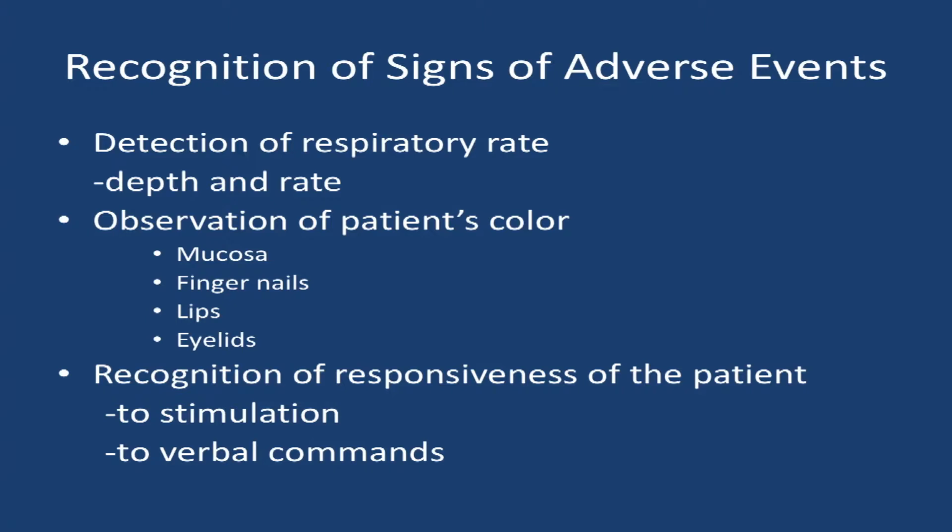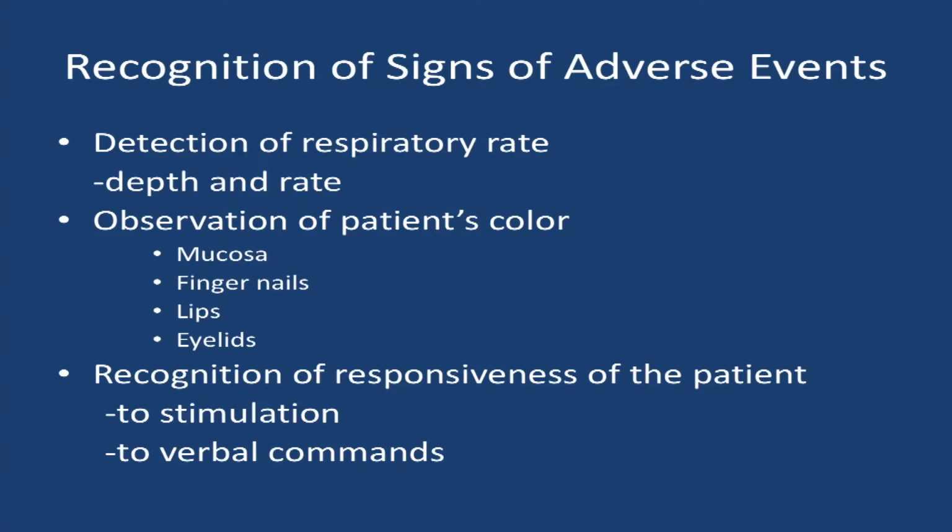Recognition of responsiveness of the patient. Number one, to stimulation. If you're seeing that these things are starting to occur and you're turning off your nitrous oxide and using oxygen and changing the position of the head, and your respiration improves, your color improves, your heart rate decreases, your patient's physiologic parameters are going back to a kind of neutral situation.